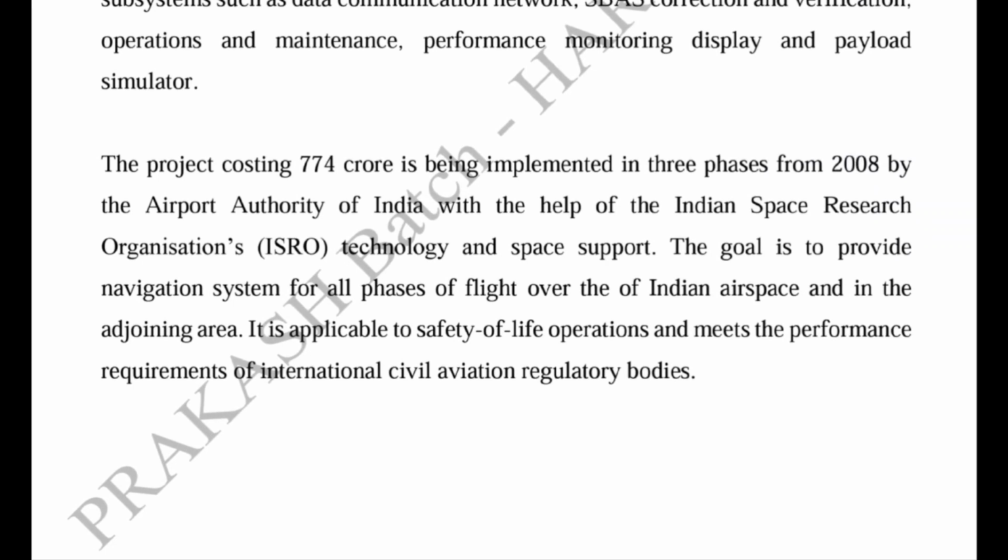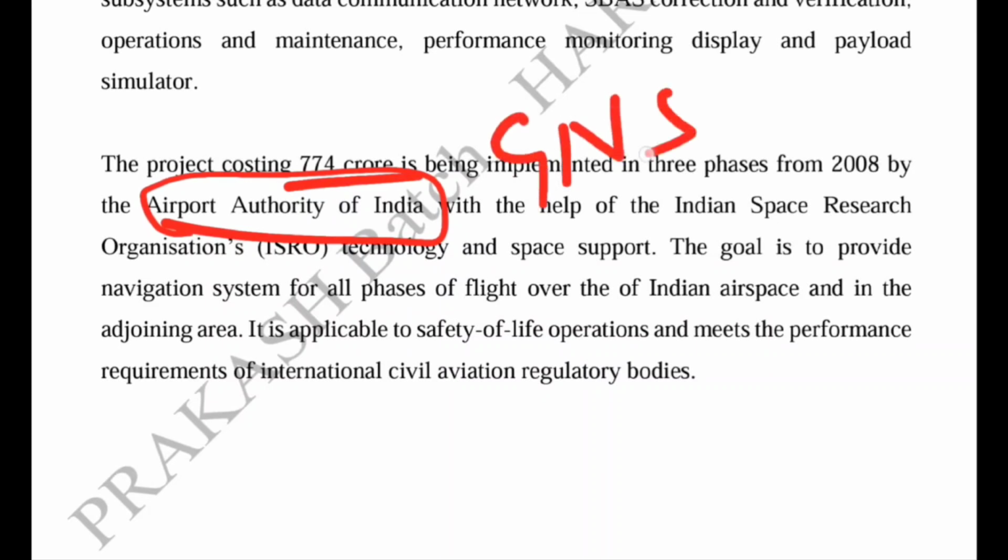Now about the Gagan, the project costing 774 crore is being implemented in 3 phases from 2008 by the AAI, Airports Authority of India, with the help of ISRO technology and space support. And AAI is helping because GNSS has many major applications in the aviation field.